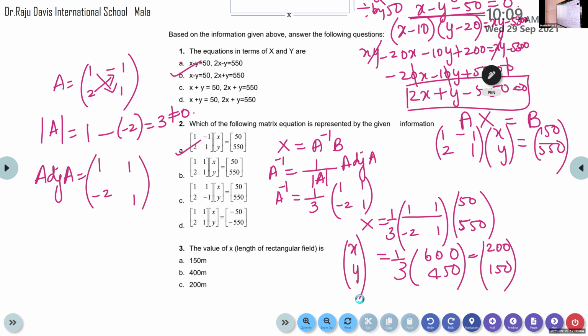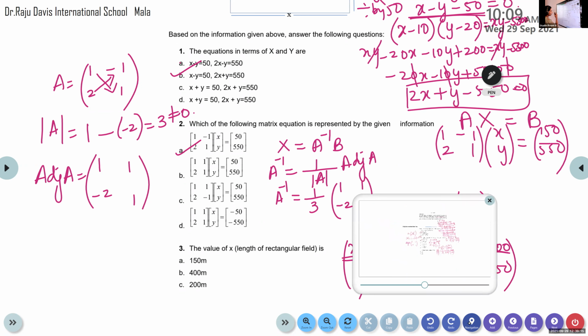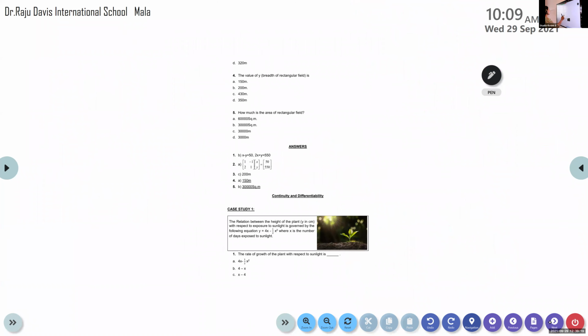The length will become 200 and breadth will be 150. Okay. Length is 200 and breadth is 150. And look at the next one asked. Breadth is asked and the total area is asked. Okay, this is the question asked from determinants.